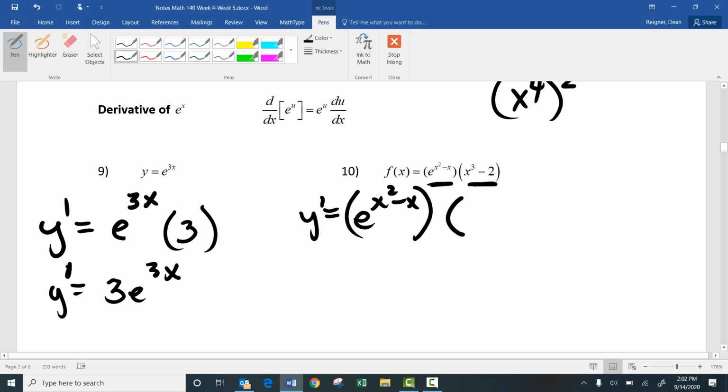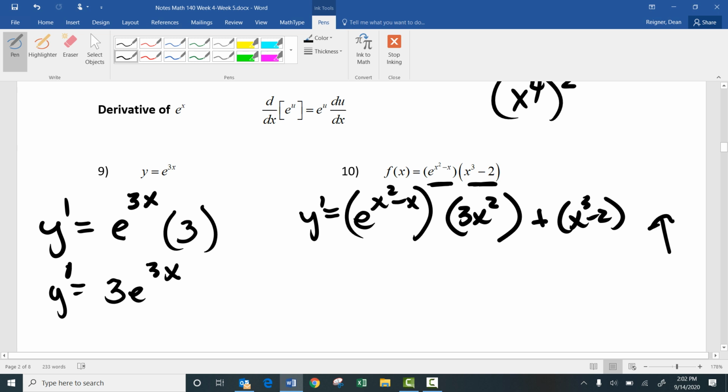The derivative of x cubed is 3x squared. The derivative of negative 2 is 0. First guy, derivative of the second guy, plus second guy, derivative of the first.